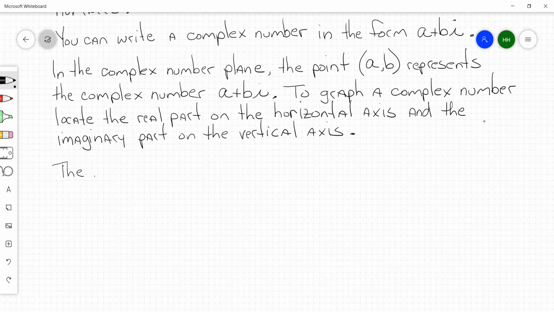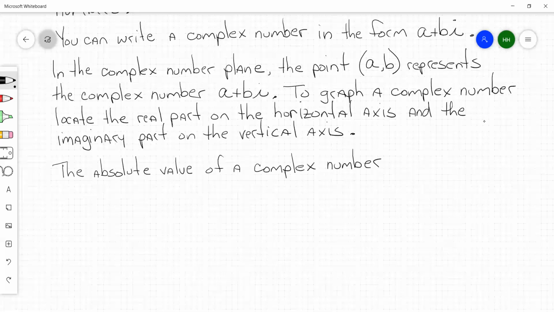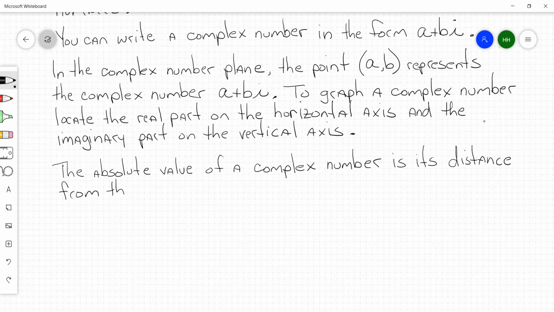The absolute value of a complex number is its distance from the origin in the complex plane.